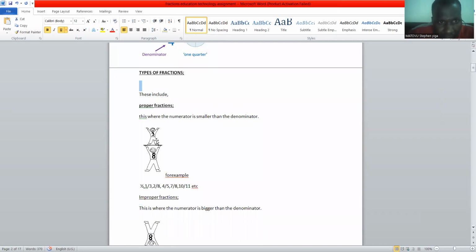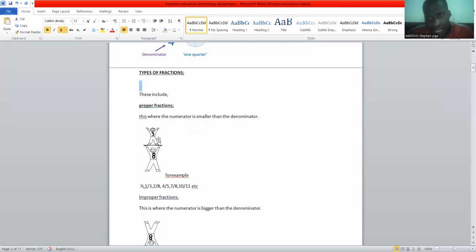When you see this diagram, it shows a younger child up and the older down. The younger one with the 3 and the older with 8. As we said earlier, 3 is the numerator and 8 is the denominator.